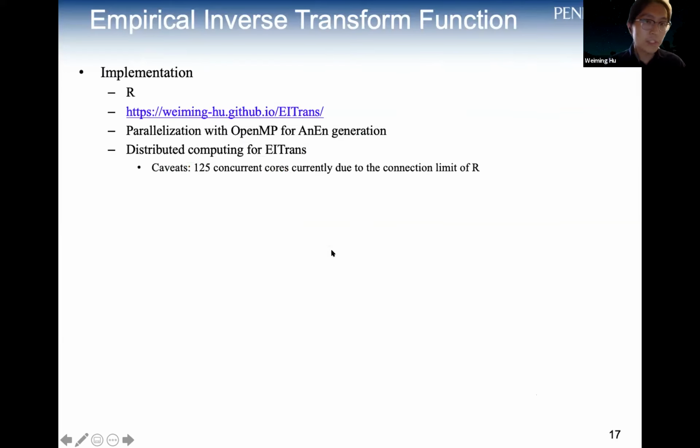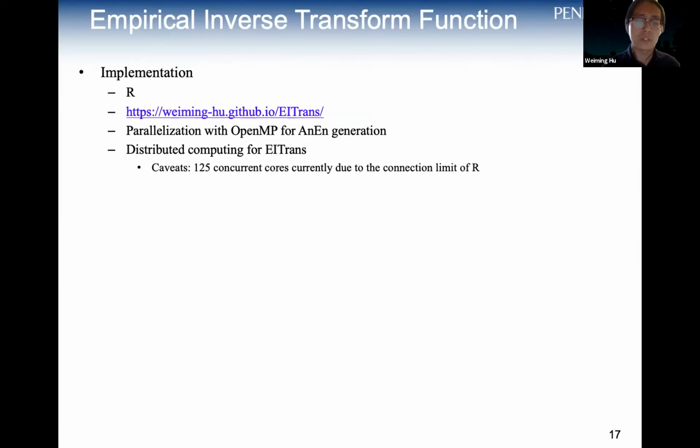eiTrans is implemented in R, and the URLs are over there. Feel free to check it out. It's parallelized with OpenMP for analog ensemble generation, and it also has distributed computing capabilities for the calibration. However, the limit right now is that it only supports 125 concurrent cores due to the connection limit of R. I'm not using MPI.